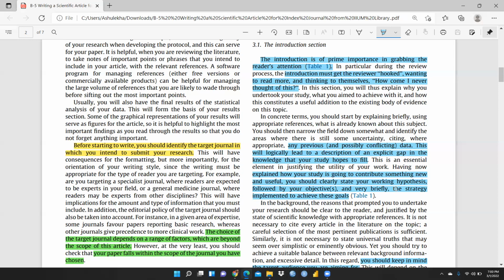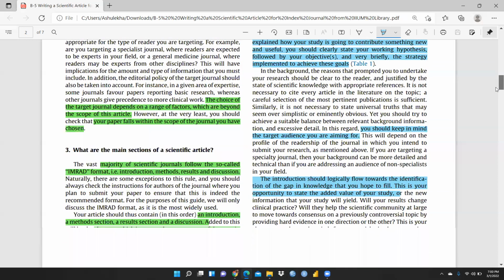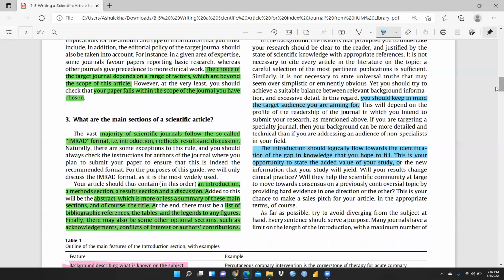You should clearly state your working hypothesis, followed by your objectives, and very briefly the strategy implemented to achieve these goals. Keep in mind the target audience you are aiming for, whatever your piece of research, whom you are addressing.